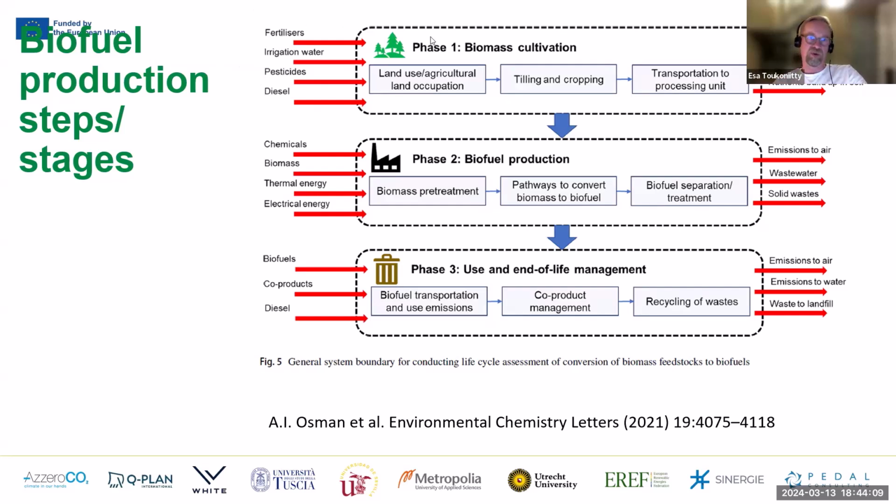So you need inputs already here in the cultivation stage. The diesel is for machinery, tractors and other things that you probably use sooner or later, at the latest in the transportation stage.